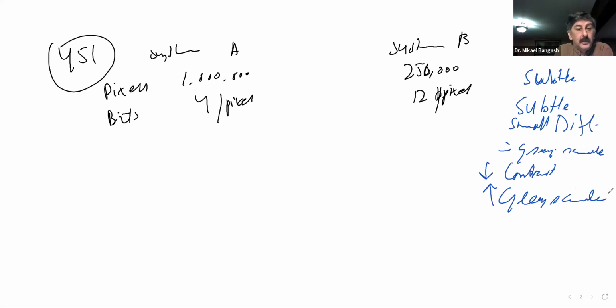Which of these two images is going to have the greatest grayscale, due to the lesser contrast or lesser difference in the grayscale? It is this one here.